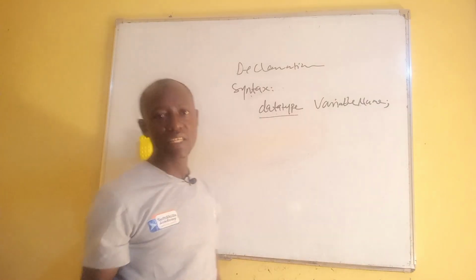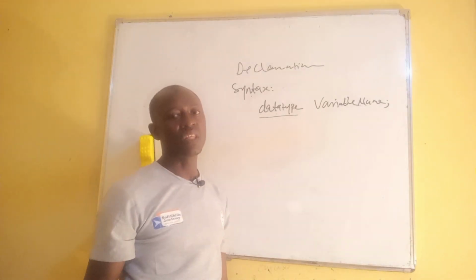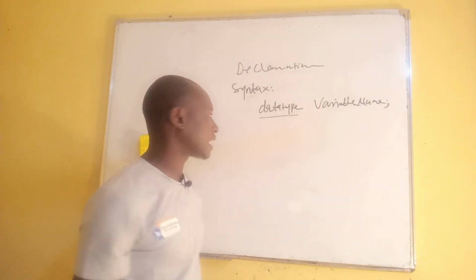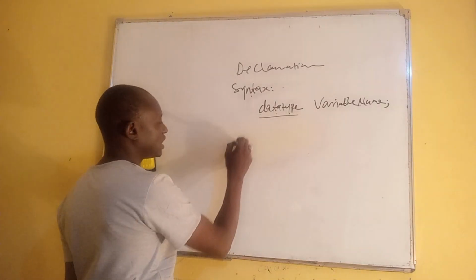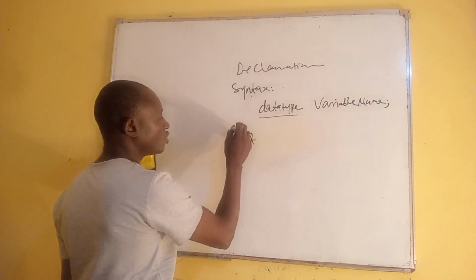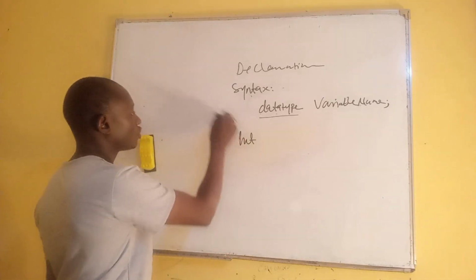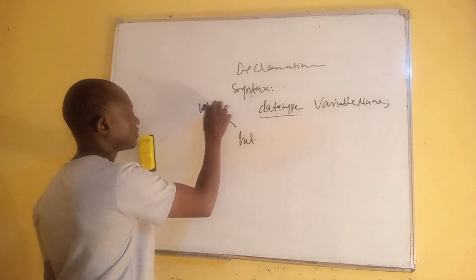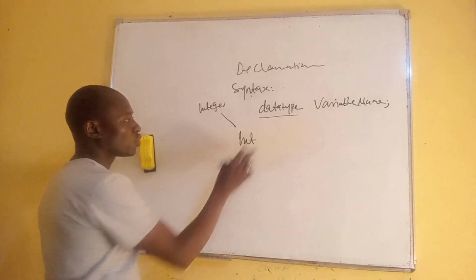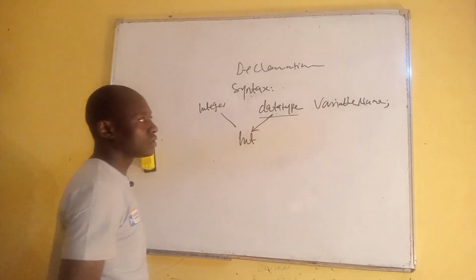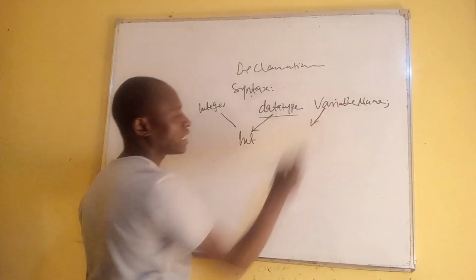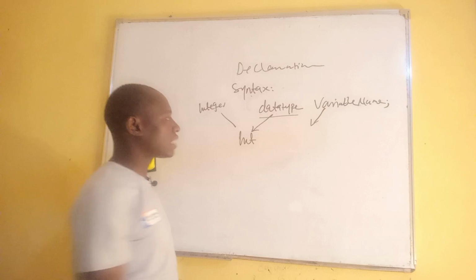Let's consistently work with integer at the beginning, since we did not treat data types yet. So let's assume int, which is for integer. Then what is our variable name? Our variable name can be age.